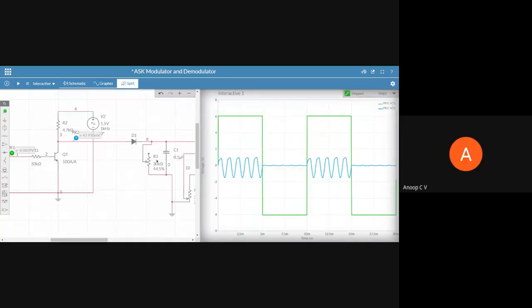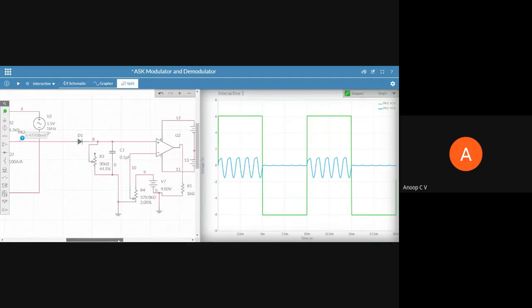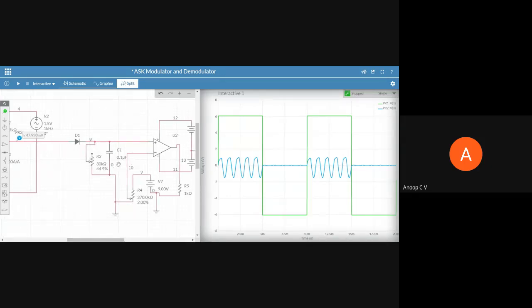And when we have an RC section here, what will happen? Whenever we have a positive half cycle, this capacitor will start charging. Whenever there is no signal, that is during the negative half cycle, the diode will be reverse biased, and at that time the capacitor will discharge.